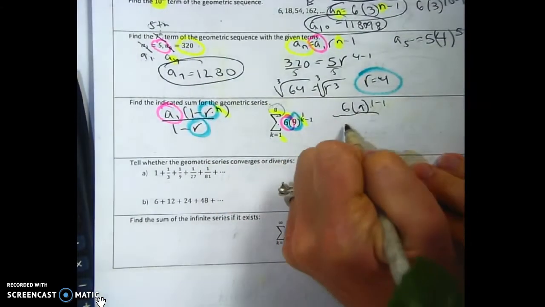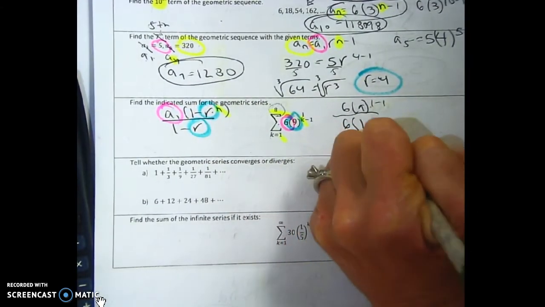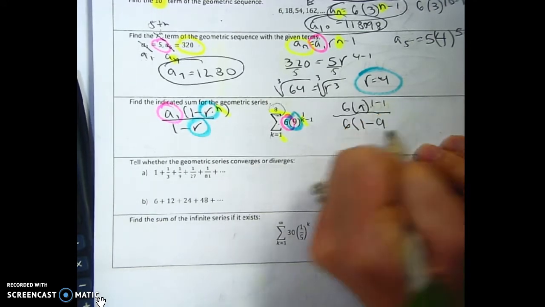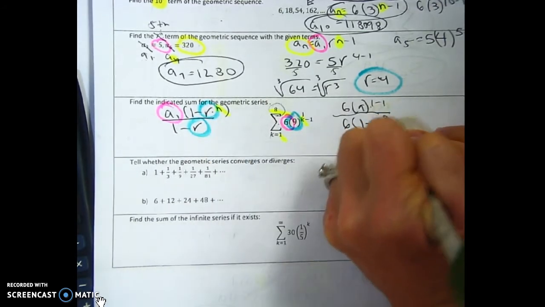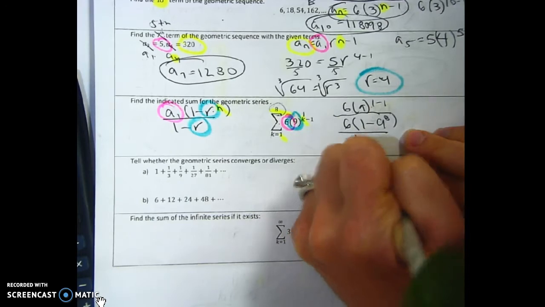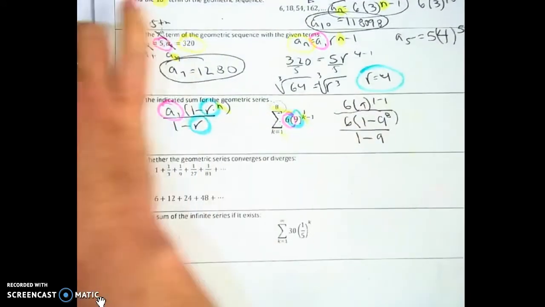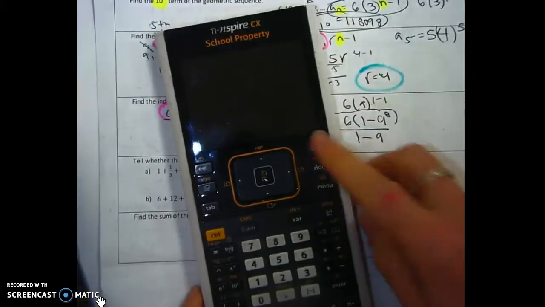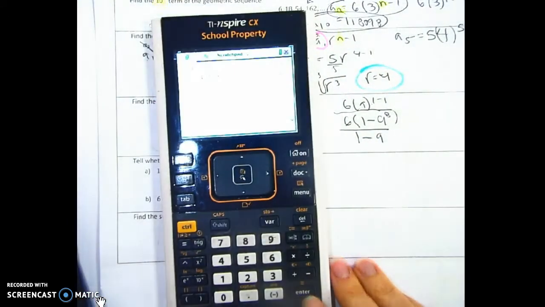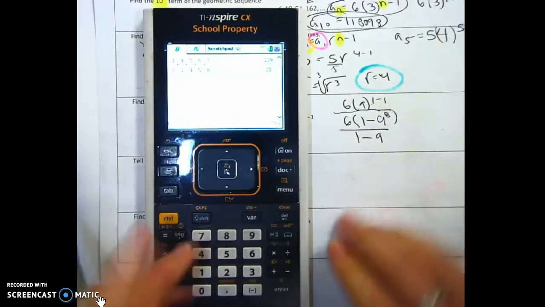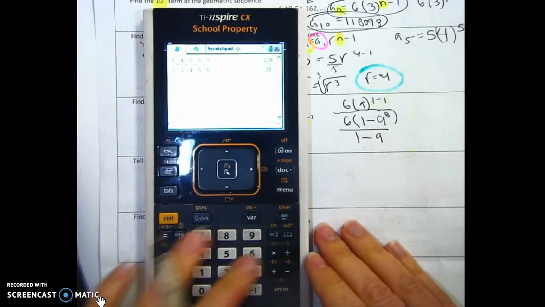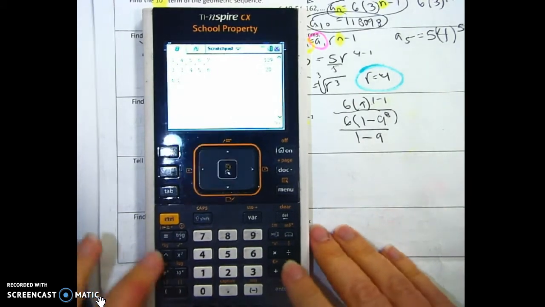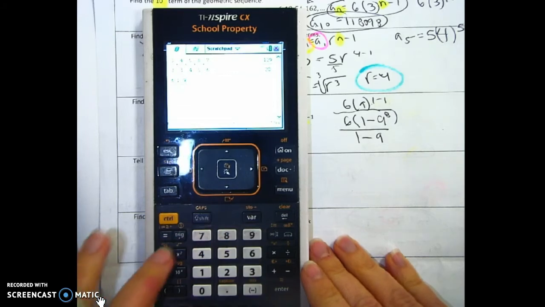Now I'll show my work. 6 parenthesis 1 minus 9 to the 8th power over 1 minus 9. Now for me, using this calculator is kind of annoying, but you can, of course. I would rather use this calculator. Turn it on here. So I'm going to go control divide. 1 minus 9 to the 8th.